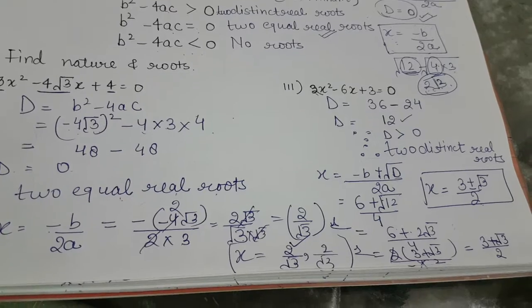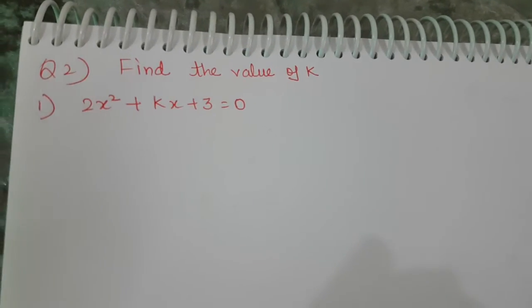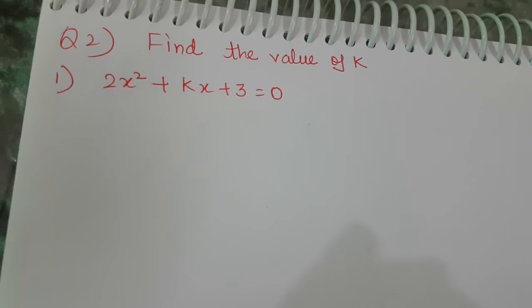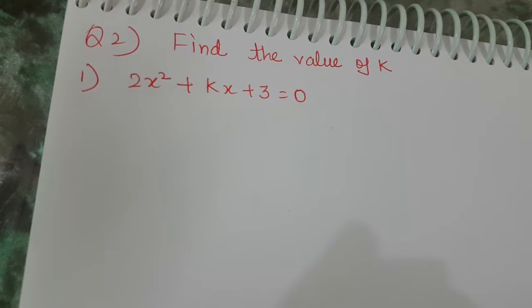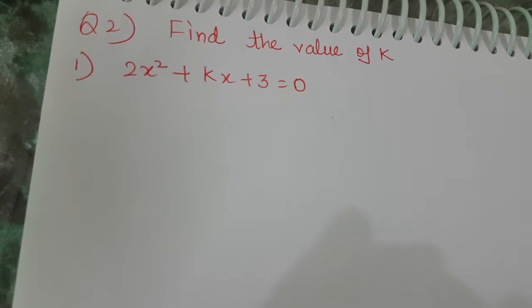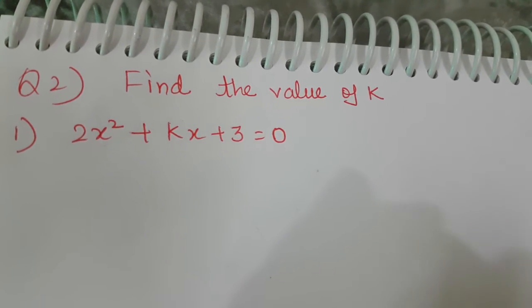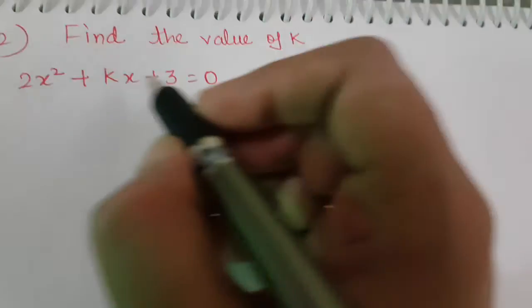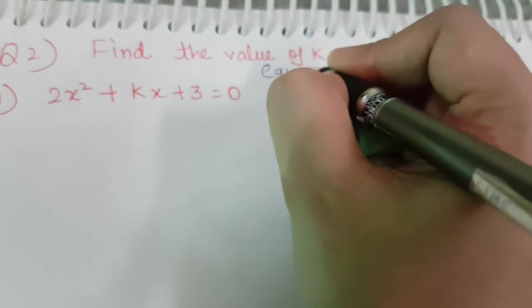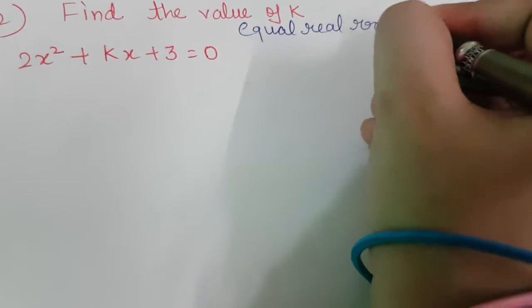Okay students, now let's move forward. Next question of this exercise is find the value of k if the following equations have equal real roots. Means they have already given the nature of root and they are asking the value of k, and the nature of root, equal real roots, is already given in the question.